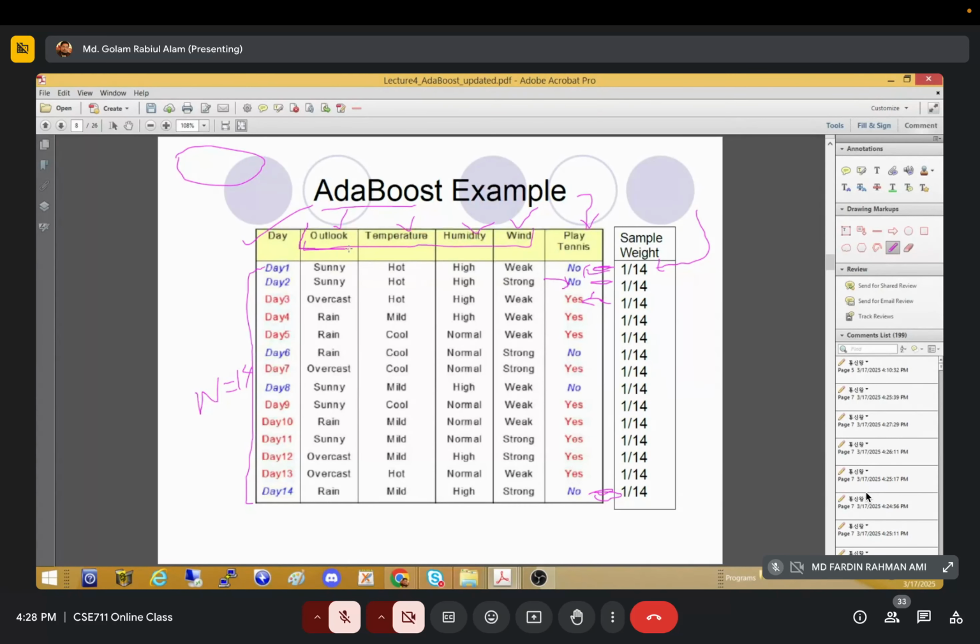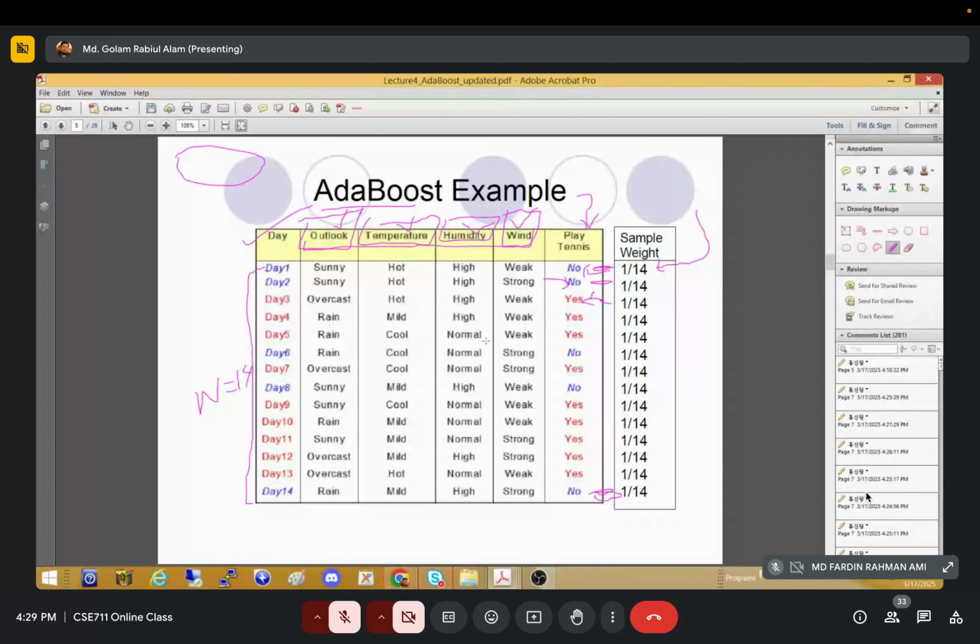So that means the reduction of impurity by outlook, the reduction of impurity by temperature, the reduction of impurity by humidity, and the reduction of impurity by wind. One thing I need to mention here: in our random forest, we have the flexibility to take a subset of features.